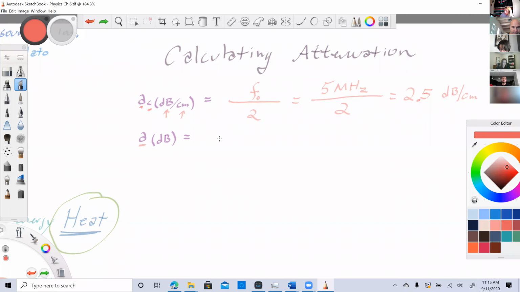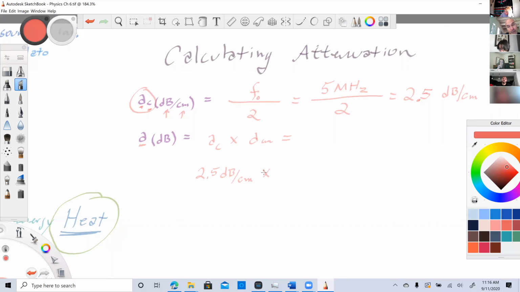Let's do this. Attenuation coefficient times, what was it? I guess it's just distance. I'm going to put D, D for distance, depth. That's in centimeters. Equals whatever it's going to equal. So let's use this example. Attenuation coefficient, we already discovered, is 2.5 per centimeter.